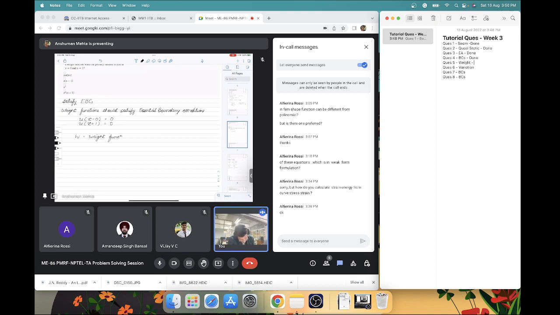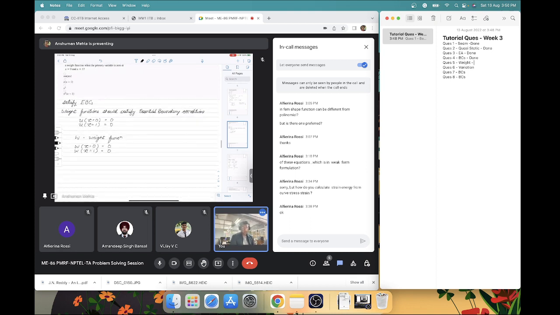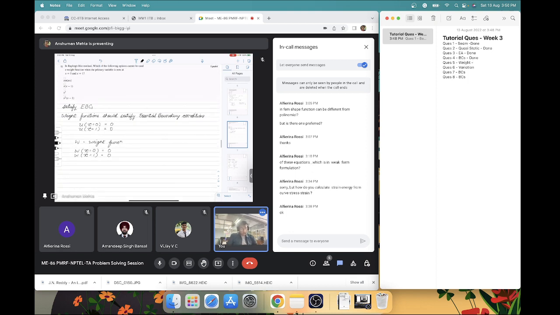Now w at x equal to 0 should be 0 and w at x equal to 1 again should be 0. So out of these functions we have to check which one is not 0 at both conditions.